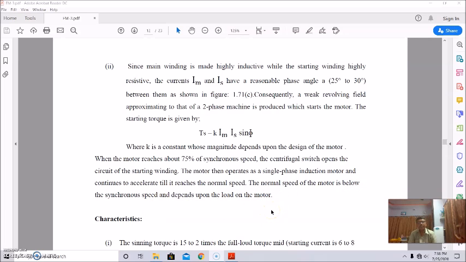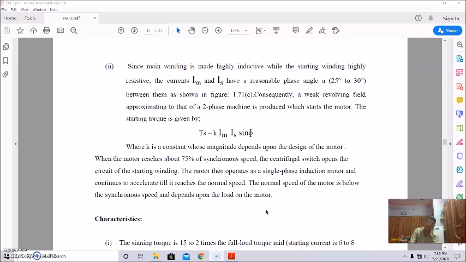So basically, the single phase motor at the very beginning of the starting will start as a two phase motor, and the starting winding or the auxiliary winding will be taken out of the circuit through a centrifugal switch connected in series with this starting winding, when 75% of the rated speed is achieved.